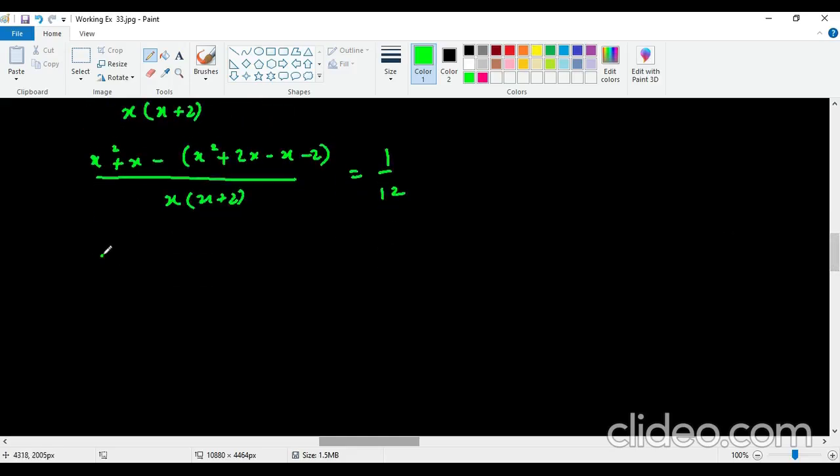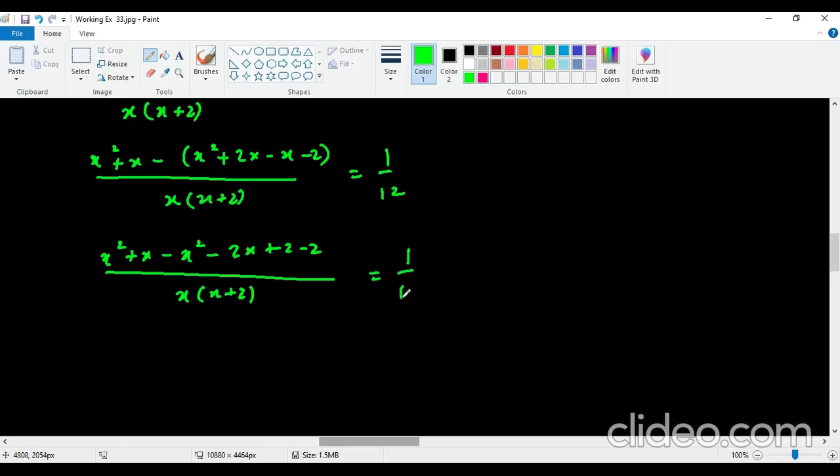So in here we get x square plus x minus x square, and this gives us a minus 1, minus 2x plus x minus 2, over x plus 2 equals 1 over 12.